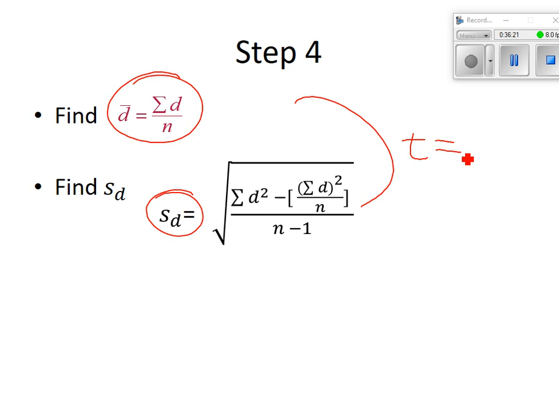The formula, let me write it out longhand here. On top, it's going to be the sum of D divided by n, minus mu D, which is always going to be 0, over that whole thing there.